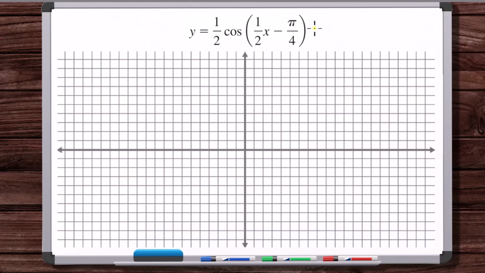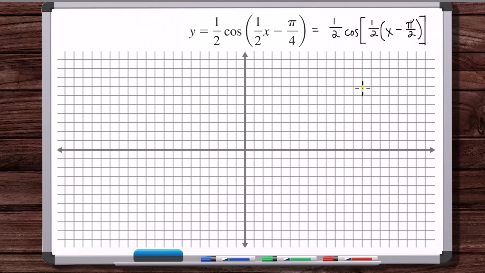Okay, let's rearrange this and get it into a clear form to see the transformations. So let's get a coefficient of 1 in front of the x. This is going to be pi over 2.